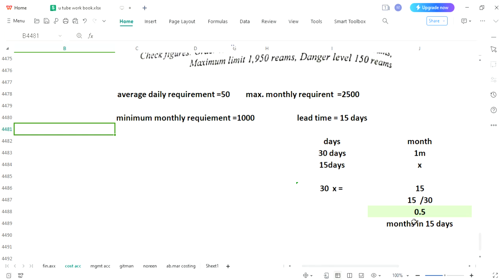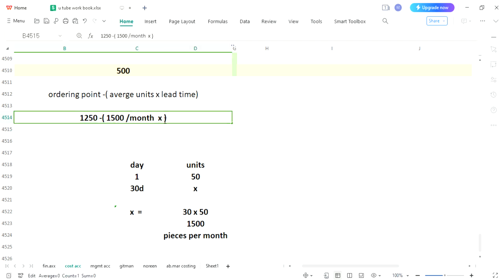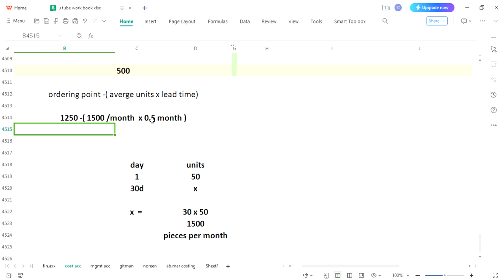Here you can see 0.5 months in 15 days. So if everything we are writing in months, we will write time as well in months. Now you can see that we have changed this whole scenario into months.